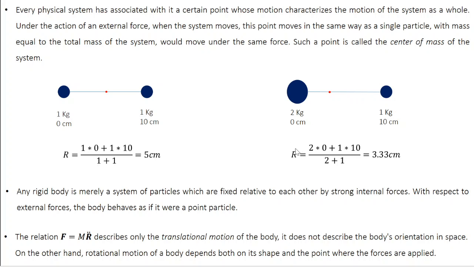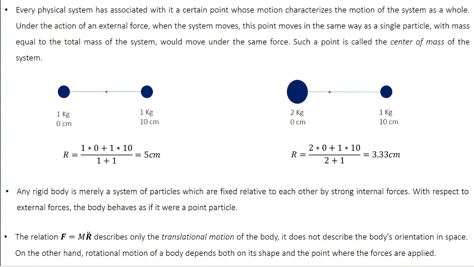The center of mass position vector capital R is going to be m1r1, this is 2 into 0, plus m2r2, this is 1 into 10, divided by m1 plus m2, which is 2 plus 1. So you have 10 divided by 3. This is 3.33 centimeters. So from the origin, the center of mass is at a distance of 3.33. So you can see this is no more the midpoint. The center of mass has shifted towards the heavier mass, as expected. Right?